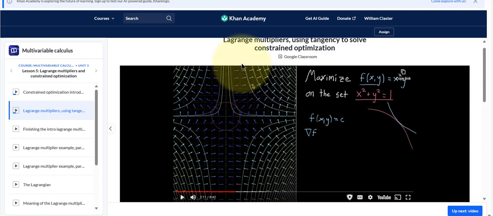So you can imagine there's a tangent line right here, another tangent line here, and another tangent line here. And we know that for any of those tangent lines, we can draw a normal vector, and that will be perpendicular. And we know how to get that normal given a particular tangent line.